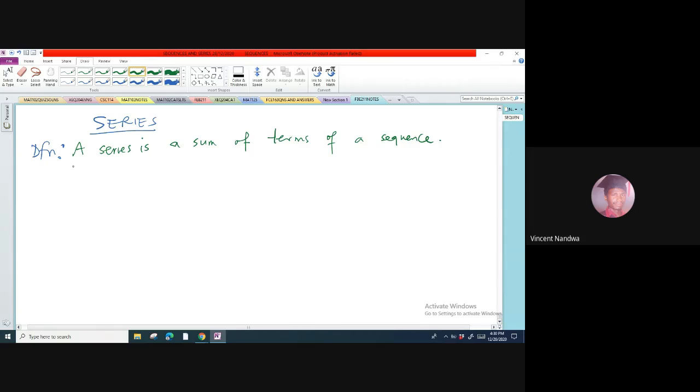So, e.g., that is, we obtain a series from the sequence as A1, A2, A3, A4, etc., plus AN. So when we add the terms of a sequence, then we obtain a series.